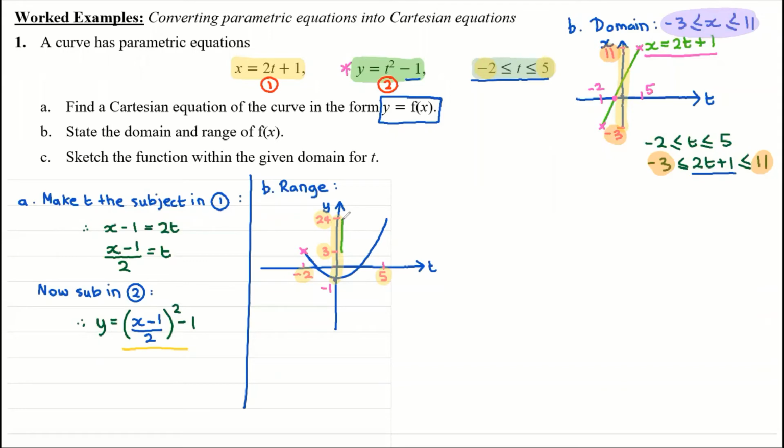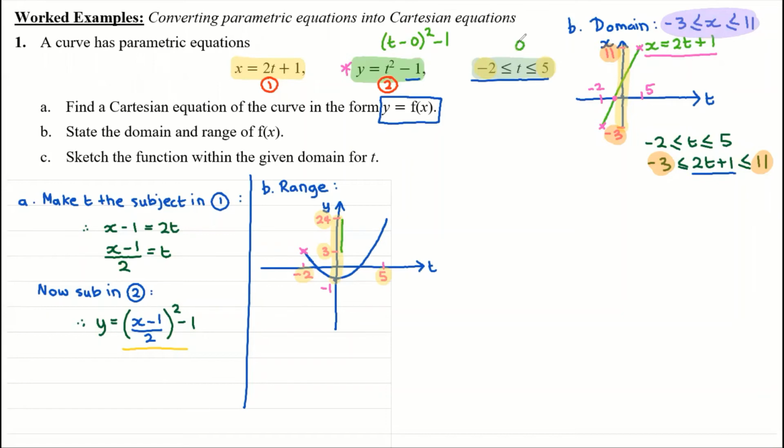And another way, if you don't want to sketch the graph, have a look at where the maximum or minimum would occur in this situation. You can see here that because it's essentially t subtract 0 squared subtract 1, in completed square form, the mirror line is obviously at 0, and 0 is right within that domain.